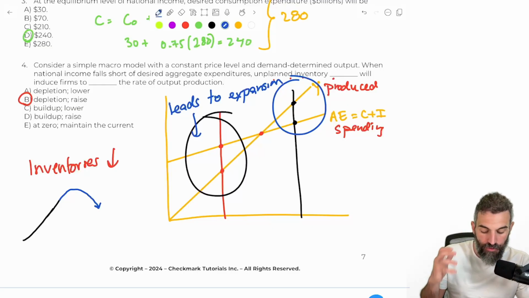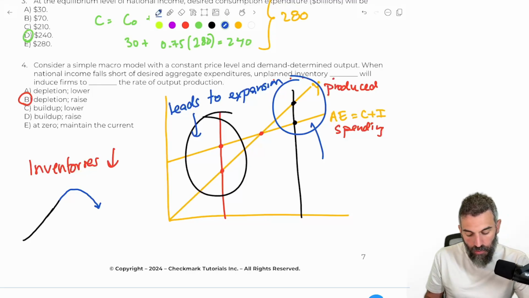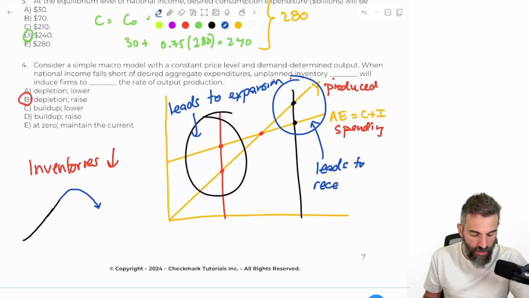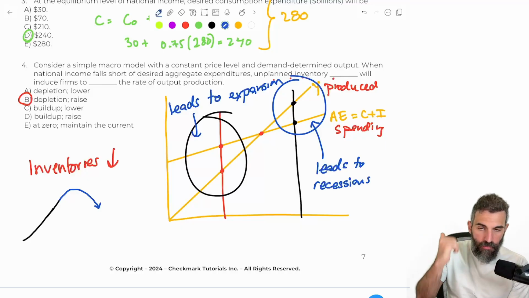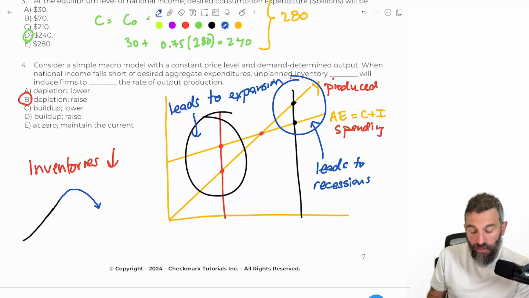When your production is below your spending, it leads to expansion. But when you're producing more than what people are spending, this leads to contractions or recessions. If you're not remembering, make sure you go back to when I talked about the business cycle in one of the earlier chapters.